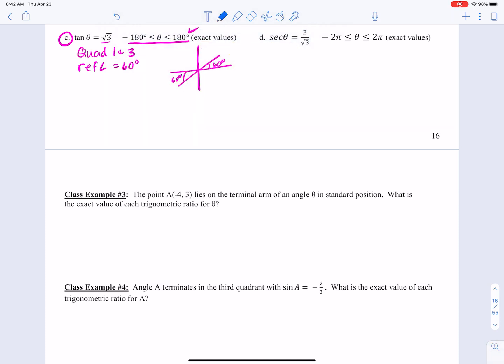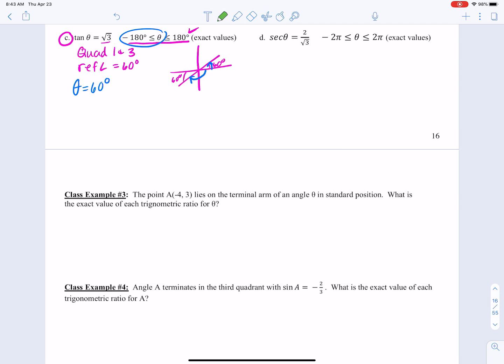In quadrant 1, the rotation angle is simply 60 degrees. But take a look in quadrant 3. We need to report it from this way because our domain says so. I'm not allowed to report this one because that would give me something greater than 180, and that's not in the domain, so I'm going to get rid of that.